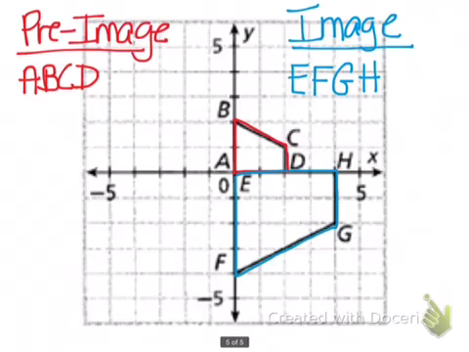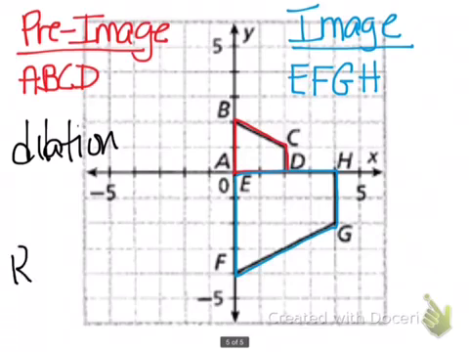So I would say that it's definitely had a dilation. But it's also been flipped, so that would also include a reflection. So I've had 2 similarity transformations, okay?